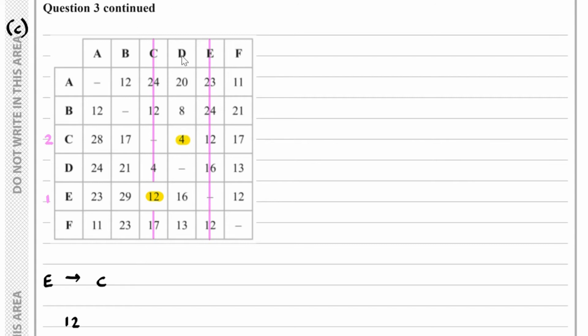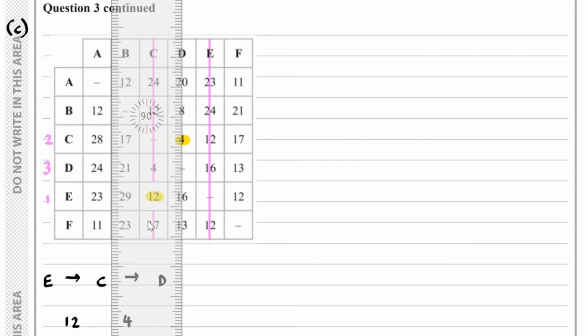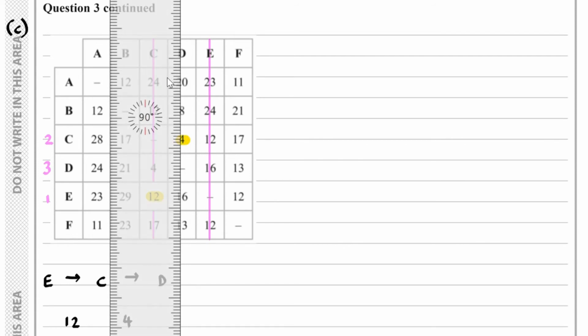And that takes us to D. So, we put a number 3 where D is, and then we delete the entire column of D as we see here.